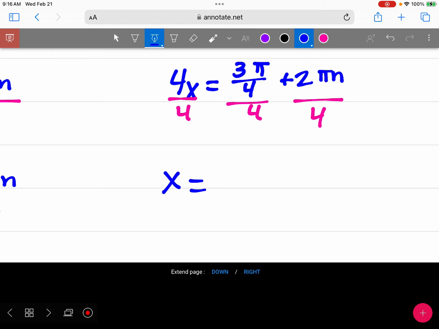So x equals, and it's very similar over here, 3 pi over 16. And again, plus pi over 2 n. So set them up as our full rotations and then simplify. I'm going to do one more like this before I give you the next piece.